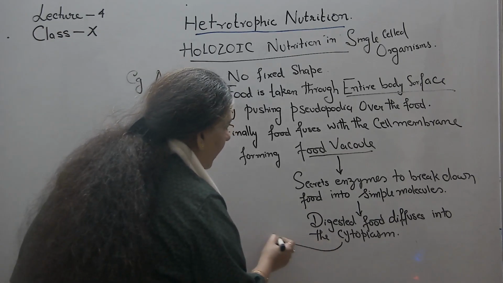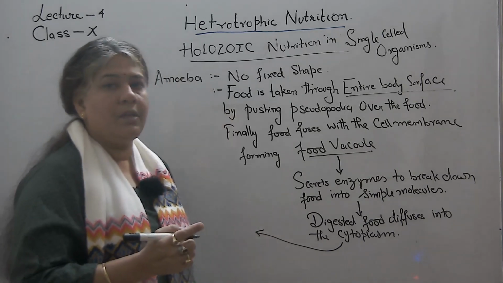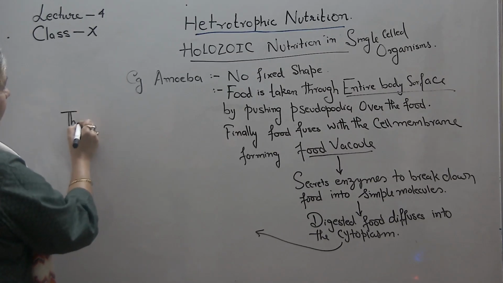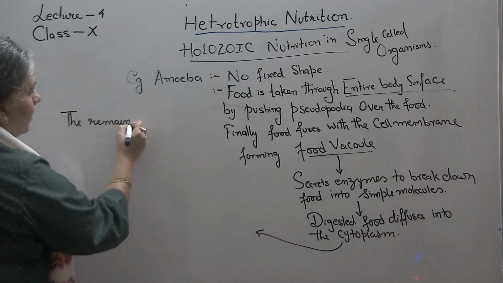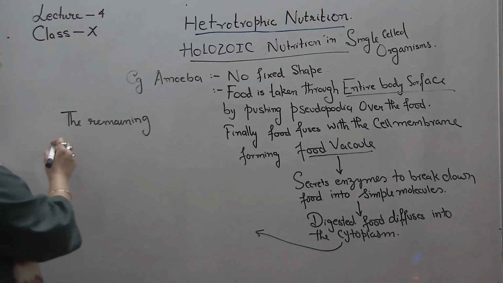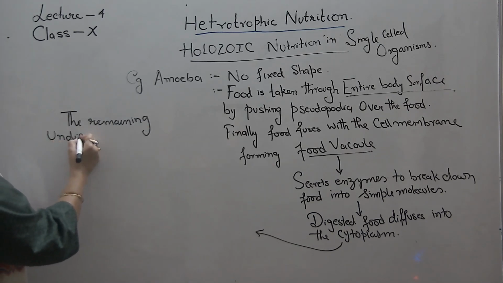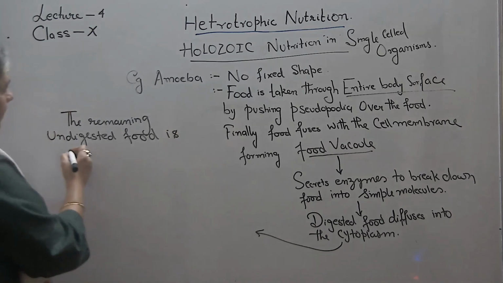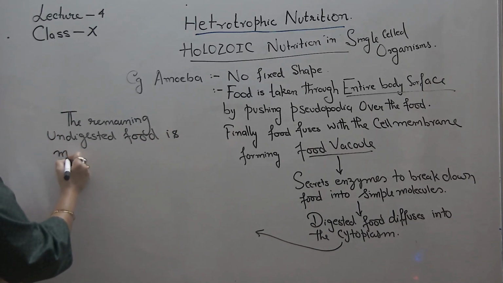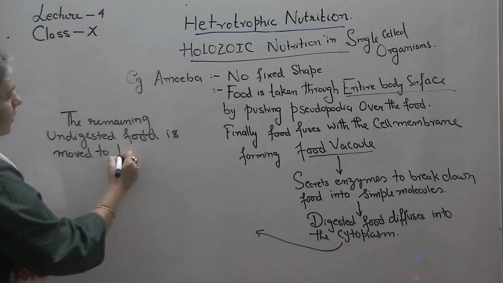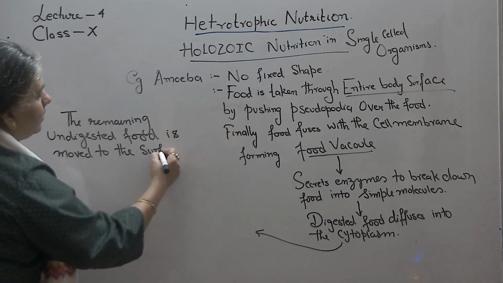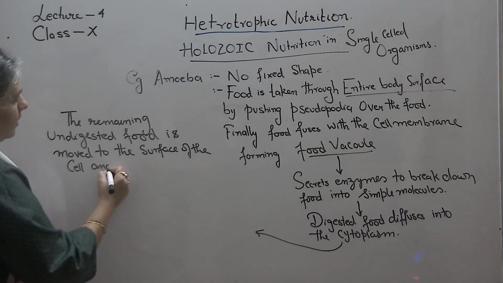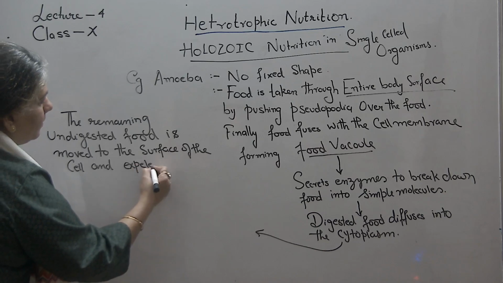Then undigested food is moved to the surface and expelled out or excreted. So the remaining undigested food is moved to the surface of the cell and expelled or thrown out.